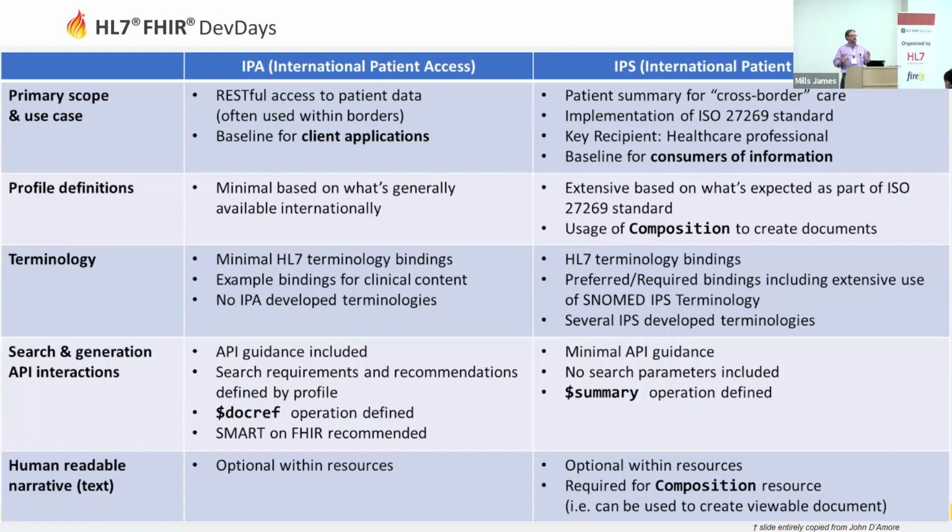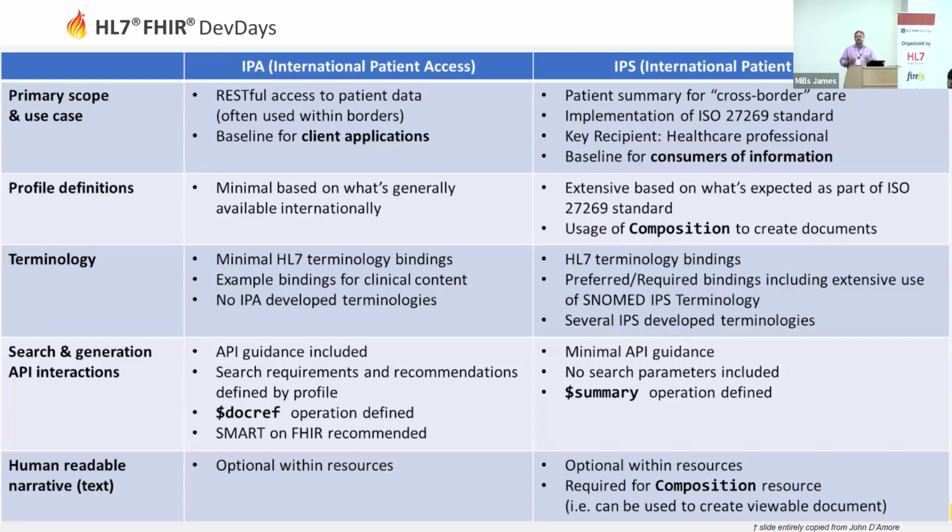IPA is extremely minimal in terms of terminology, whereas IPS is doing the very hard work of finding or creating and influencing a truly international terminology. And maybe a point in the future is that the IPA will be able to build on top of the shoulders of giants in that IPS space.